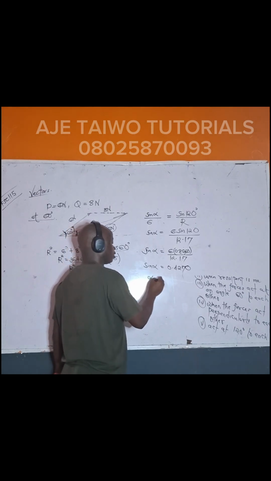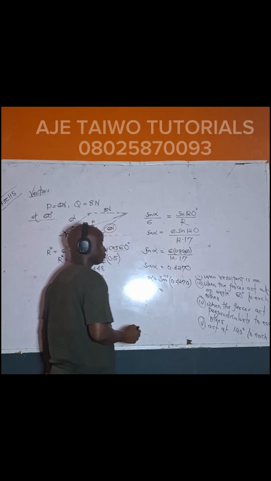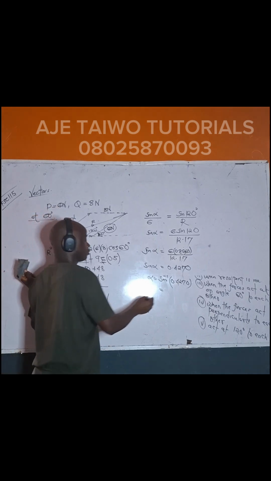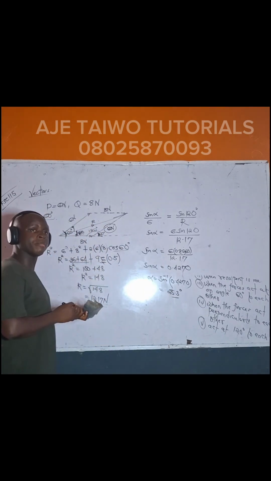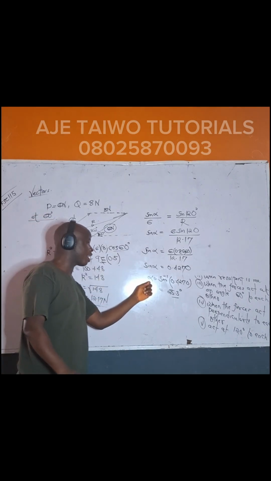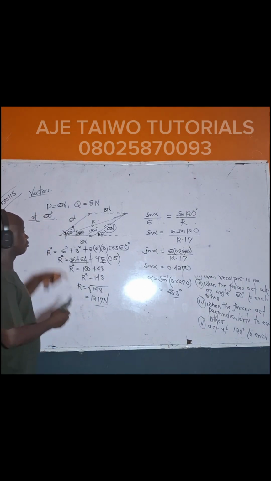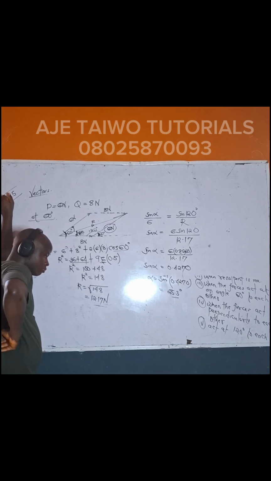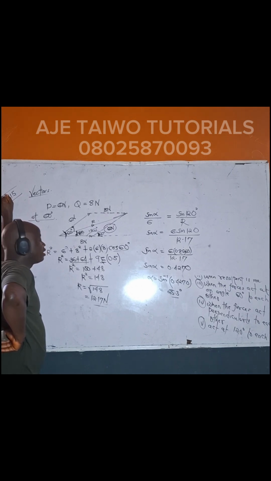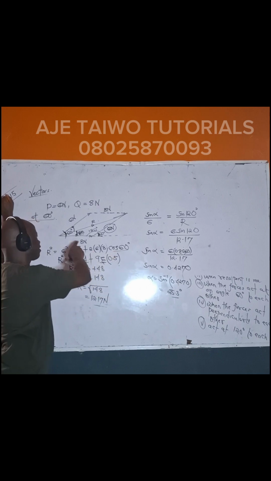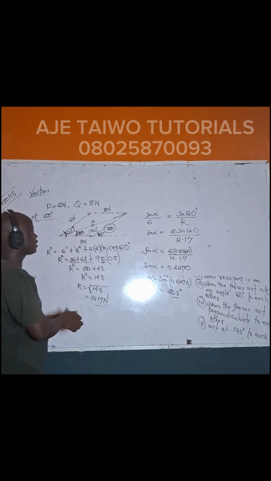So alpha is now what? Inverse sine of 0.427. Answer: 25.3 degrees. Now, who can tell me what does this alpha stand for? God bless you. Perfect. This angle means the direction, the angle the resultant makes with the 8 Newton force.